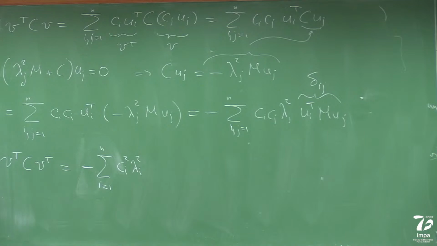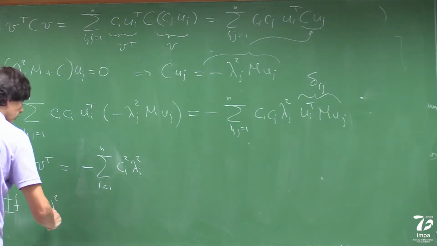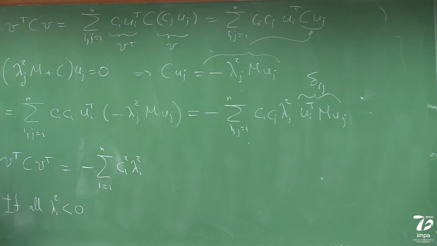So now, if all lambda i squared are negative, you see this is always positive.